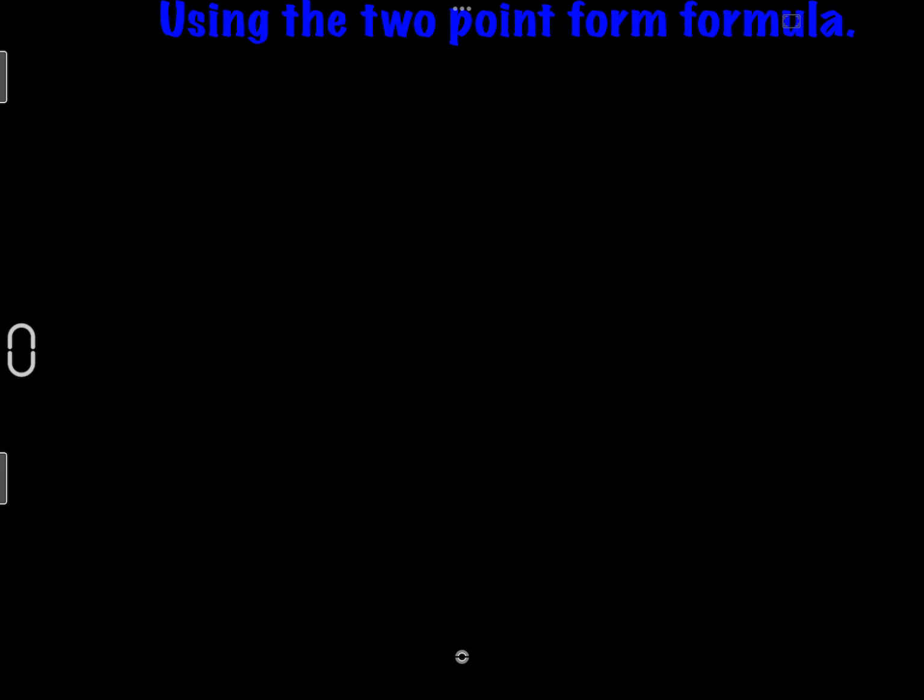And again, it's very important that one recognizes one aspect with regards to this. It is essential that you keep the order in which you subtract the coordinates of the points the same in the numerator and in the denominator. So if you consider that point, then you should be fine to use the two-point form formula to devise linear equations.